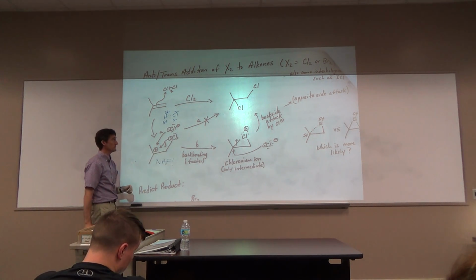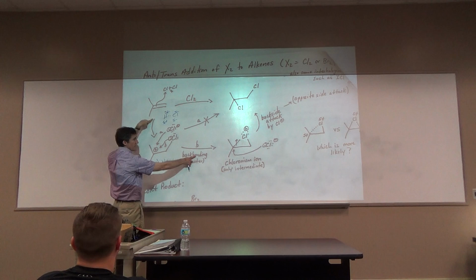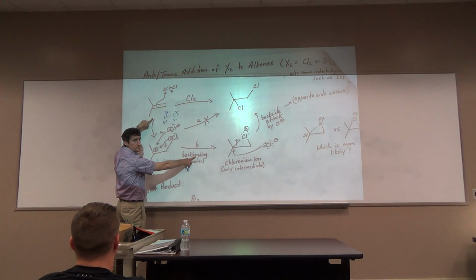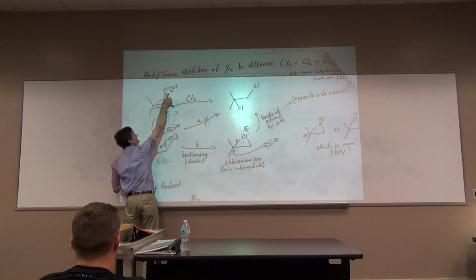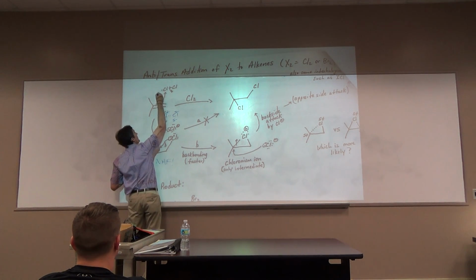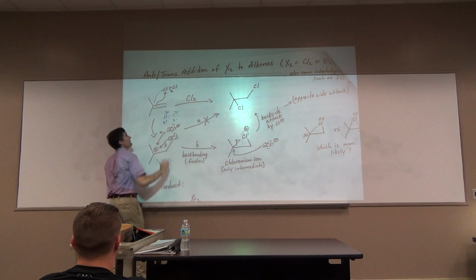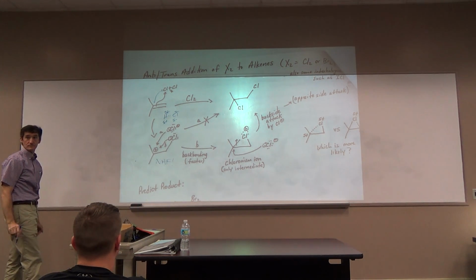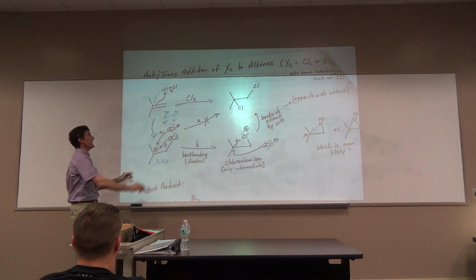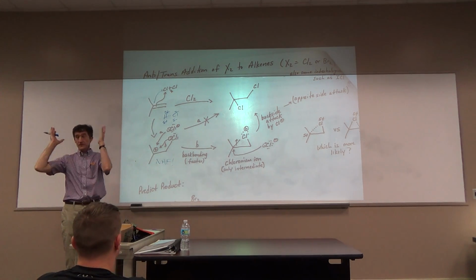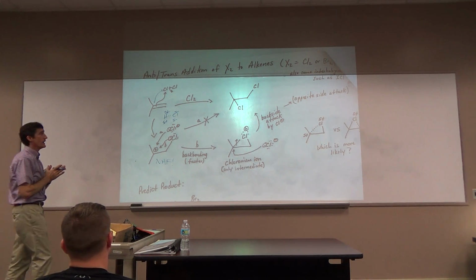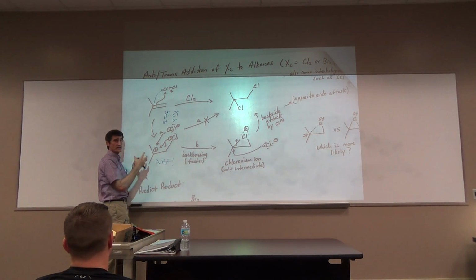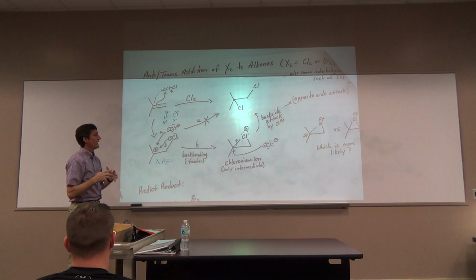What's really going on here? These two steps actually happen at the same exact time. That is, as soon as this is attacking, these electrons are coming in here back bonding. But to me, if I start doing all this, you guys just glaze over and can't see it. So what we have here is a concerted two-step process that happens at the same exact time.